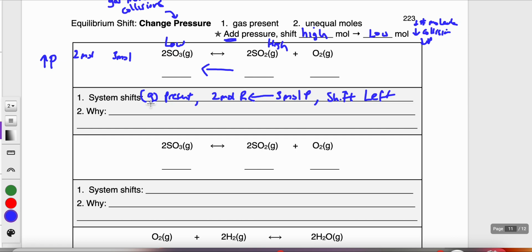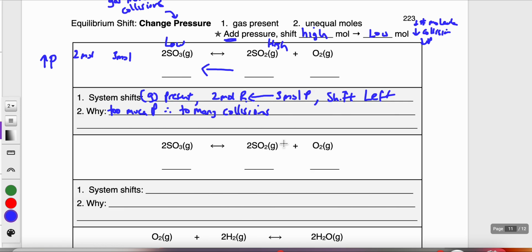Okay, so here we go. Why does it shift that way? Well, there's too much pressure. So if there's too much pressure, therefore there are too many molecules and collisions.